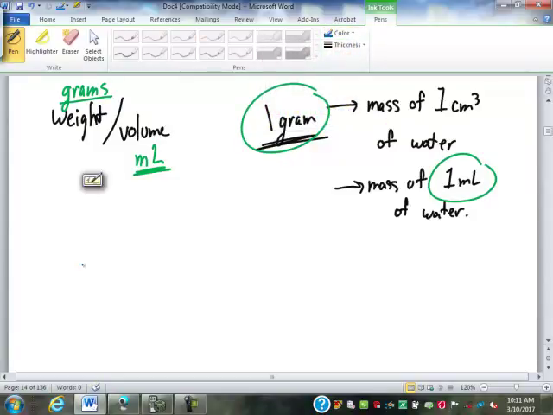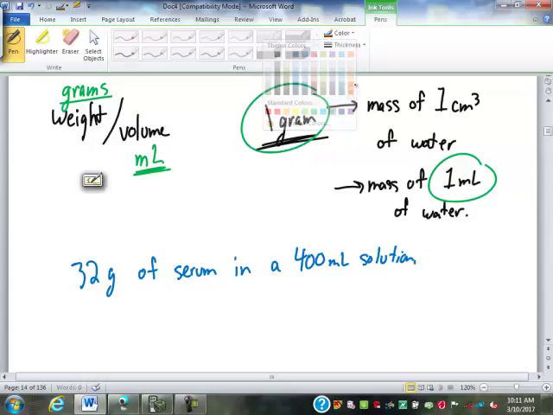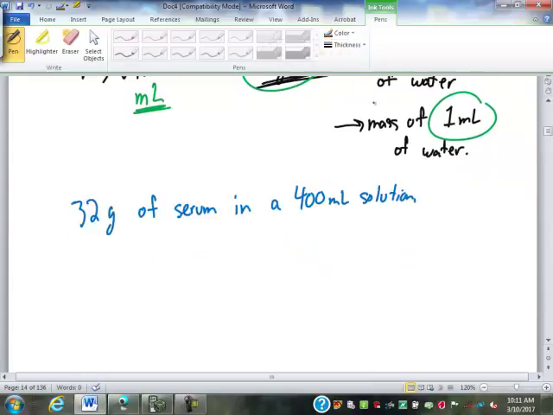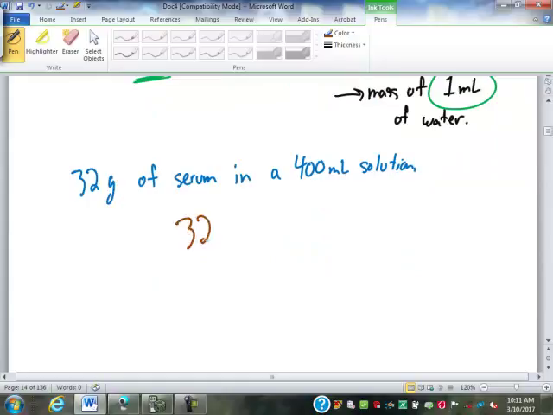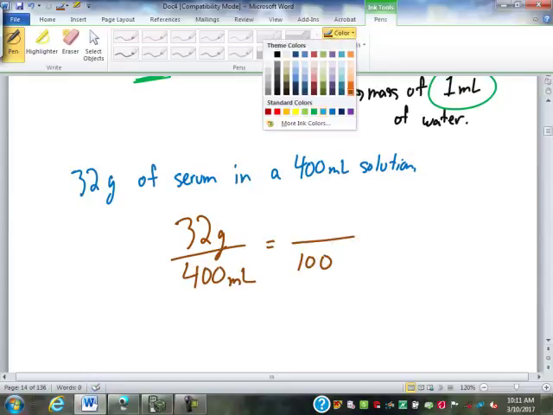So if we have 32 grams of medication, of serum, in a 400 milliliter solution, our weight in volume concentration is 32 grams over 400 milliliters equals blank percent over 100.